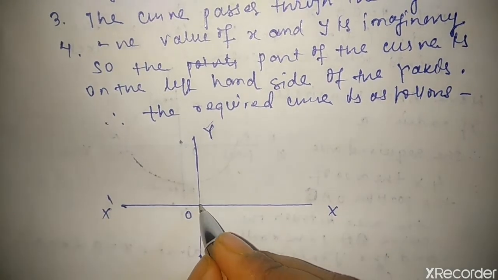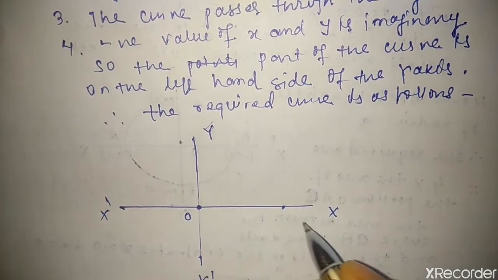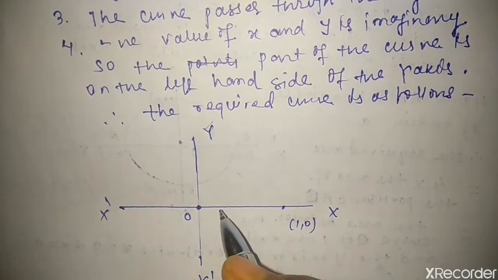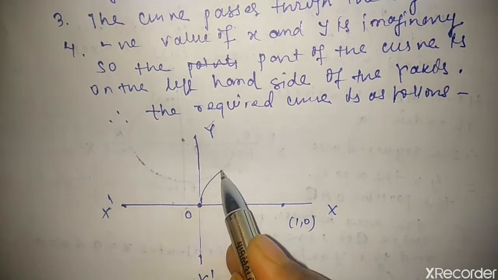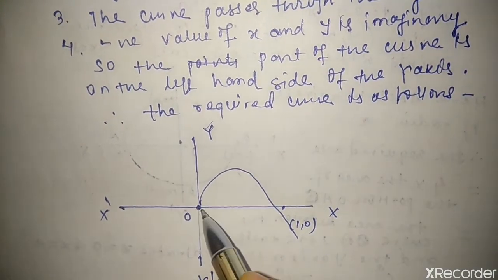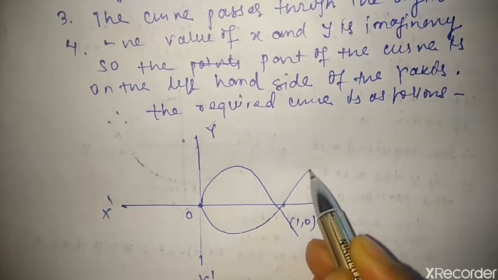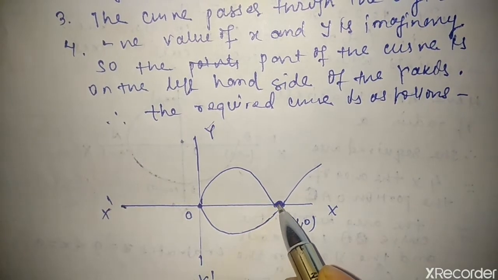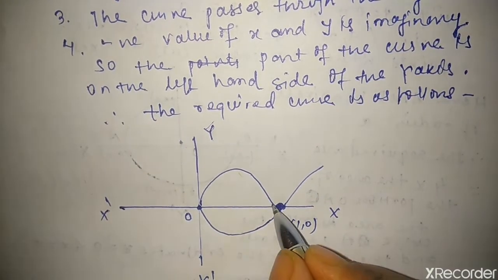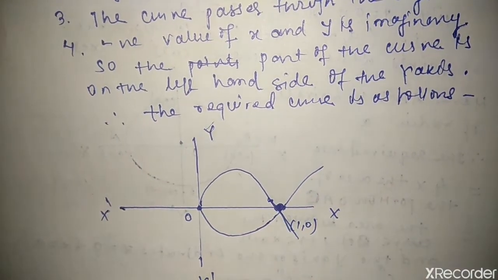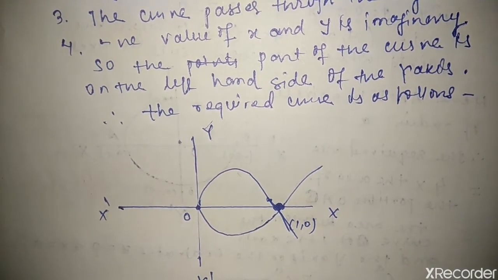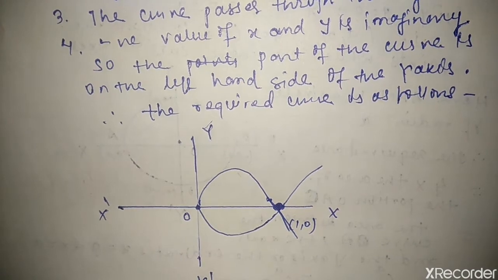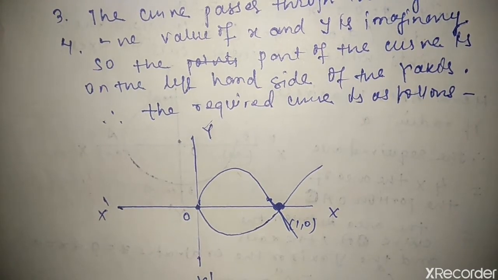The points here are 0, 0 and only one point 1, 0, and no point is on the left hand side of the y-axis. So our curve is like this. It cuts the x-axis at the point 1, 0, and the curve is symmetrical about the x-axis.